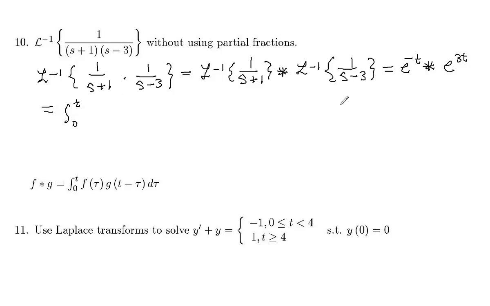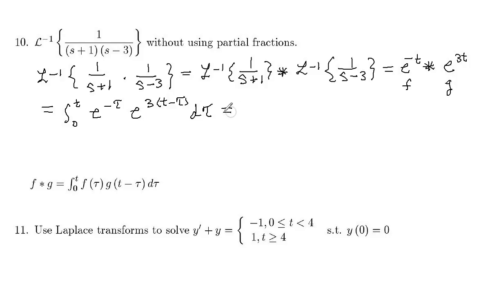Our f here is e to the minus t, and our g is e to the 3t. So f of tau is going to be e to the minus tau, and then g of t minus tau will be e to the 3 times t minus tau, d tau.